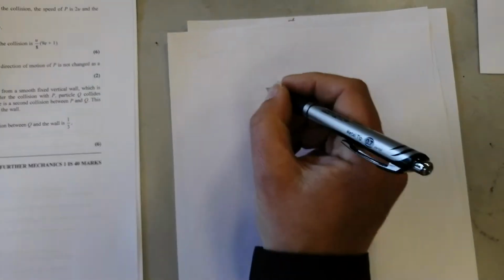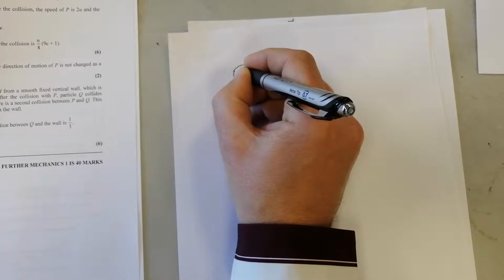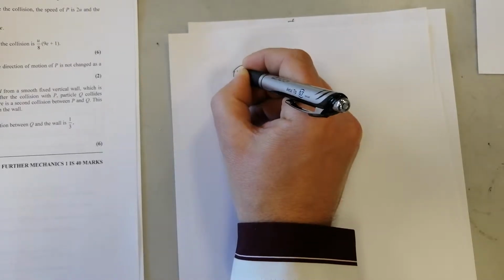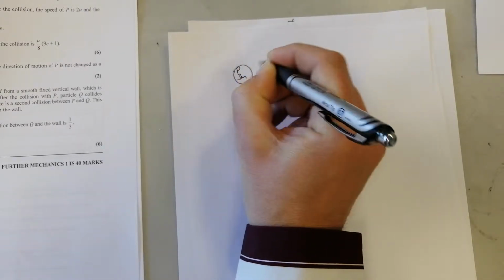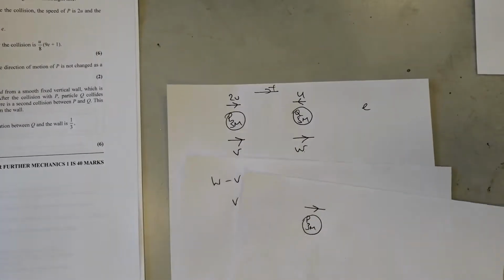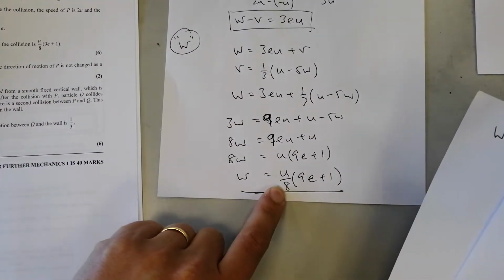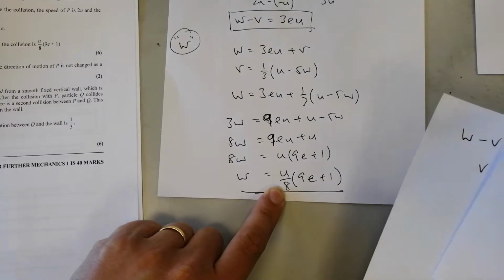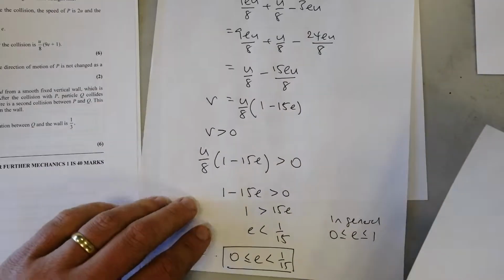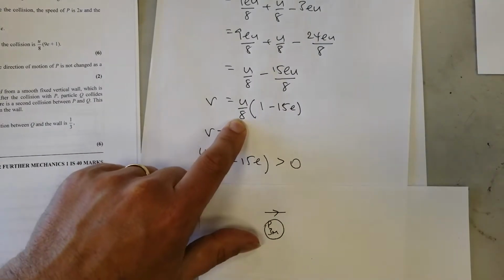Let's draw a picture. Here we've got P, which still weighs 3m, travelling with the velocity we worked out earlier, V. Except now we know that e is 1/8.